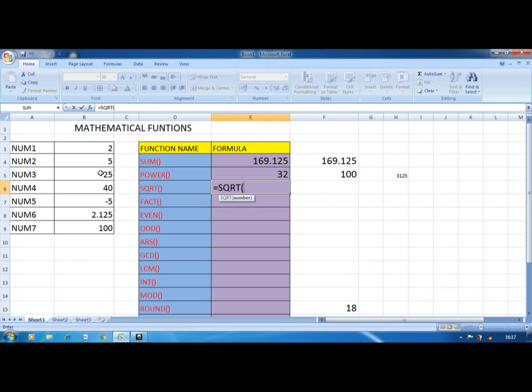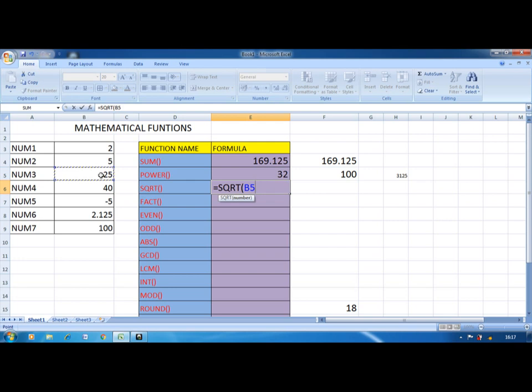Here the number is 25. Write down any one number.